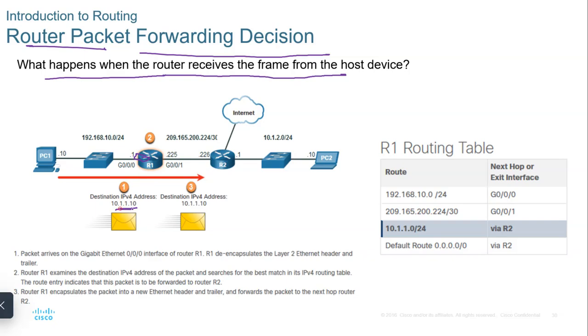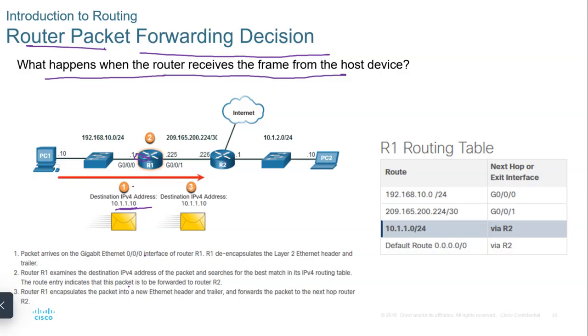The destination IPv4 address is still 10 in between this. The packet arrives at the Gigabit Ethernet interface on the router. Then router 1 de-encapsulates the layer 2 Ethernet header and trailer, and examines the destination IP address.